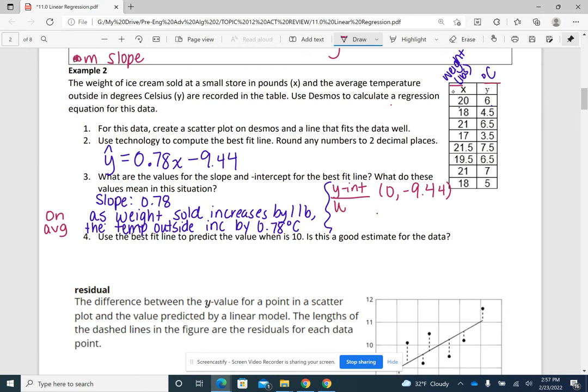So we can say when the store sells 0 pounds of ice cream, the temperature is, and we need to say predicted to be because it may not be what actually happens, but it's predicted to be.